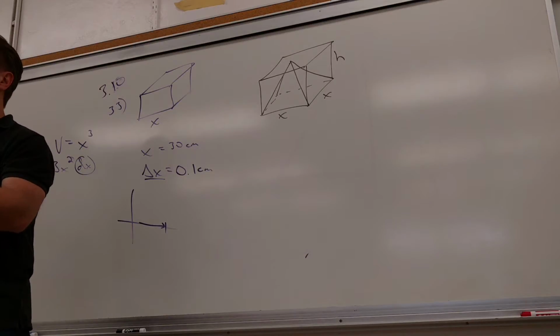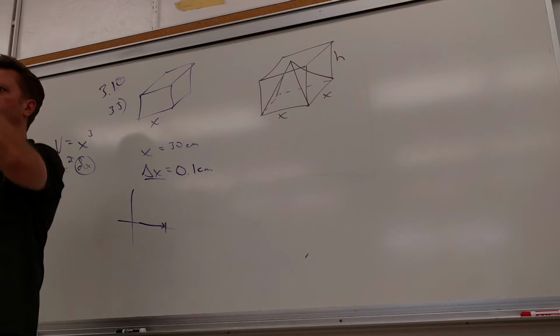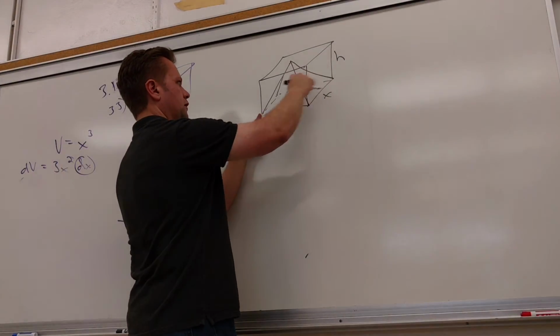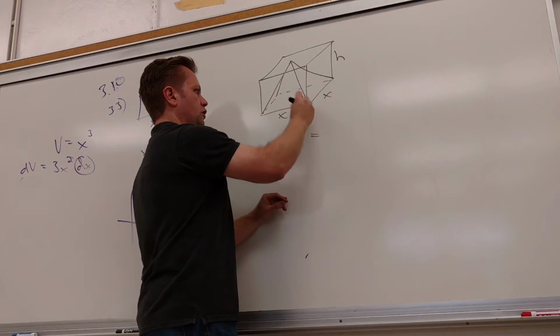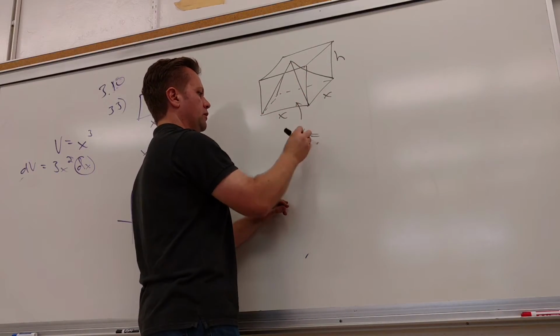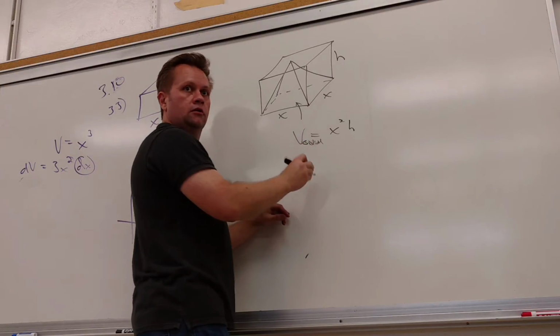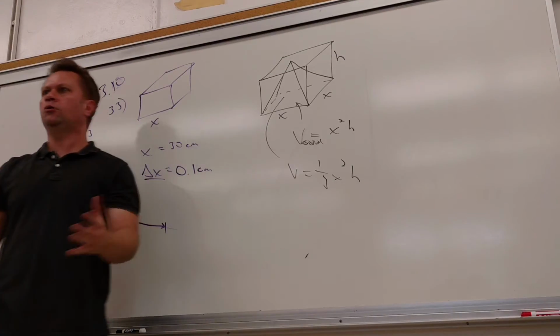We would never call it this, but in math it is. It is the simplest pyramid. A pyramid is where all the edges come to a single point. Isn't that what a cone does? So if I take all the vertices and take them to a single point, that is a pyramid. The volume of the cube, it's not a cube, but the volume of the solid is x squared h, right? So the volume of the pyramid would be 1/3 x squared h. That idea holds.